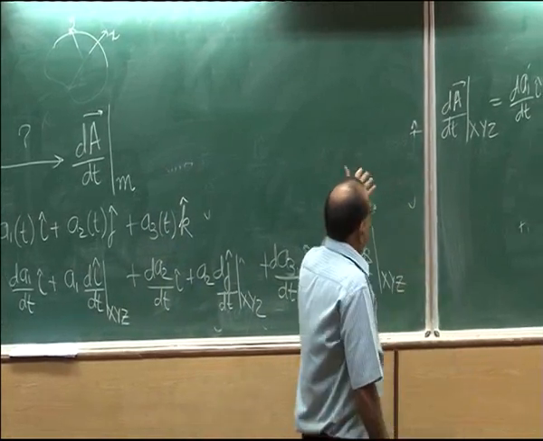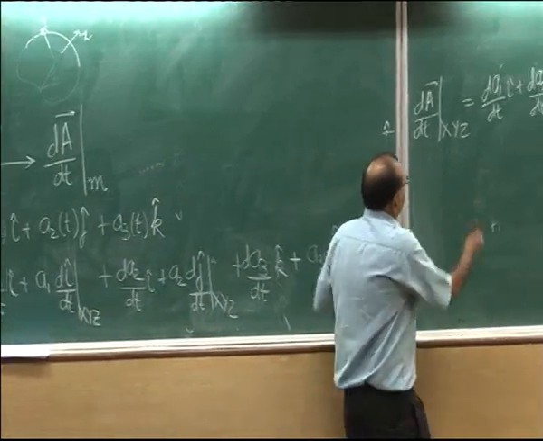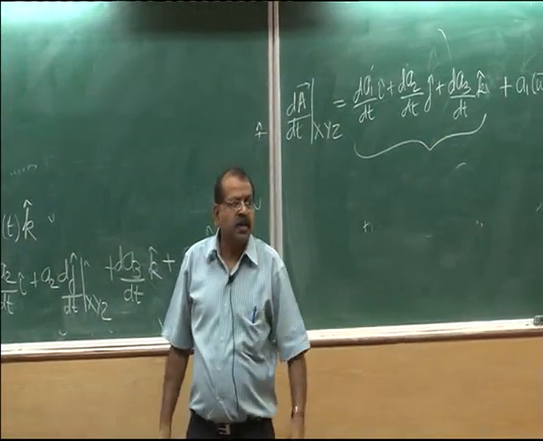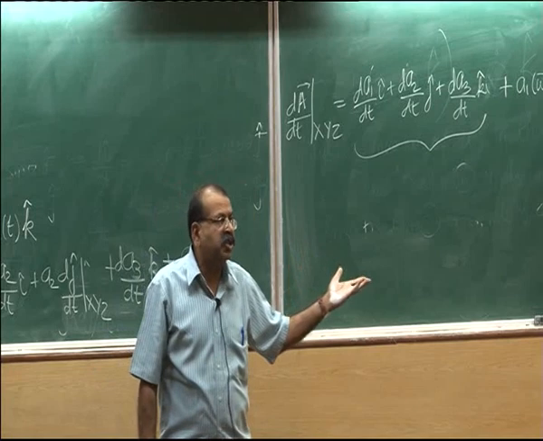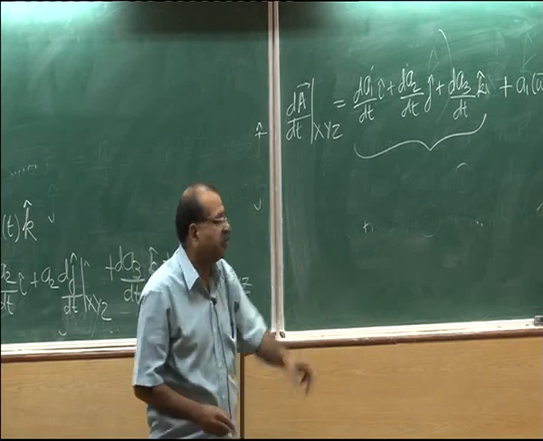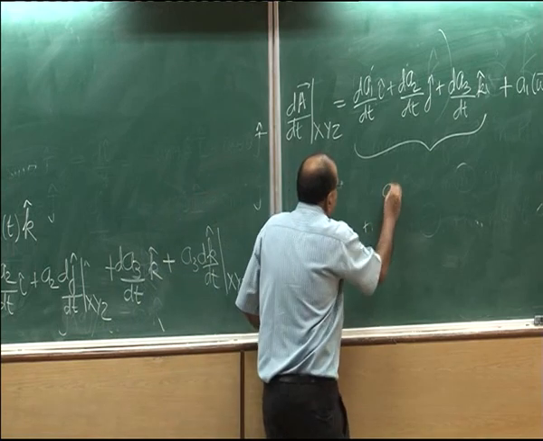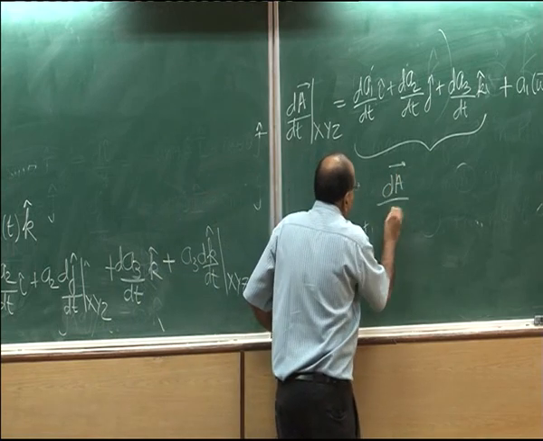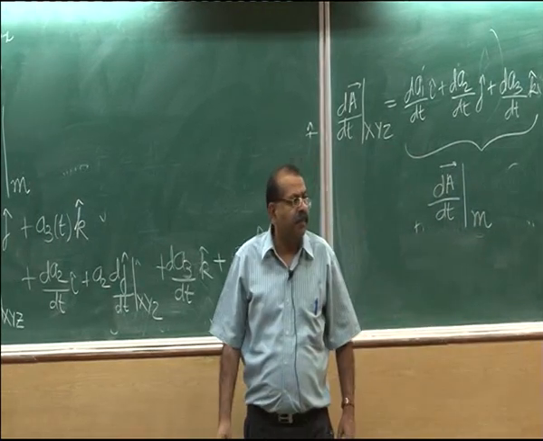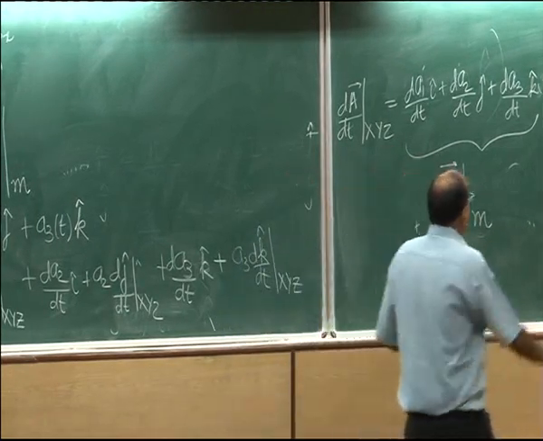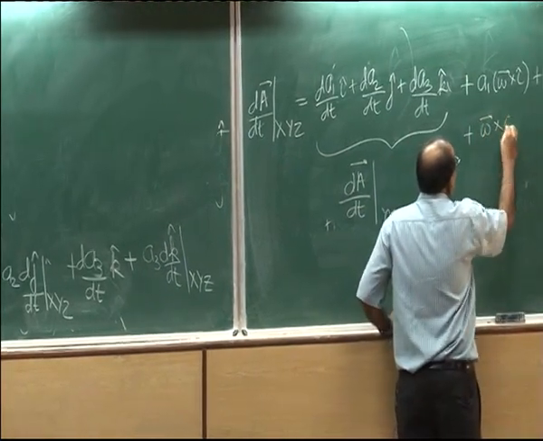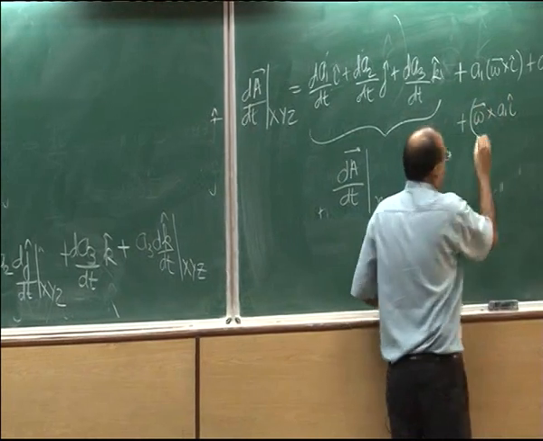Okay, so now once I have this, what do the first three terms represent? This is how dA by dt vector is changing with respect to frame M, because now you are keeping I, j, k as fixed. So these terms give me dA by dt with respect to frame M. Now these terms I can write as omega cross A1I.